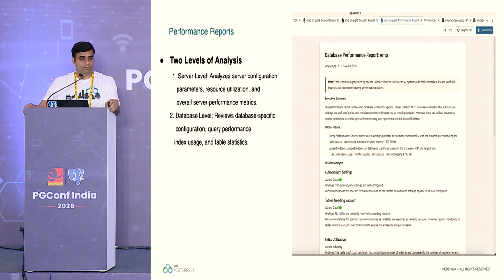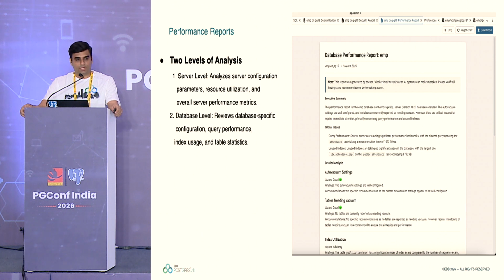And then you have the performance report. The performance report is provided at two levels, server and database. At server level, it analyzes the server configuration, authentication, and resource utilization, like the parameters you configure in postgresql.conf.